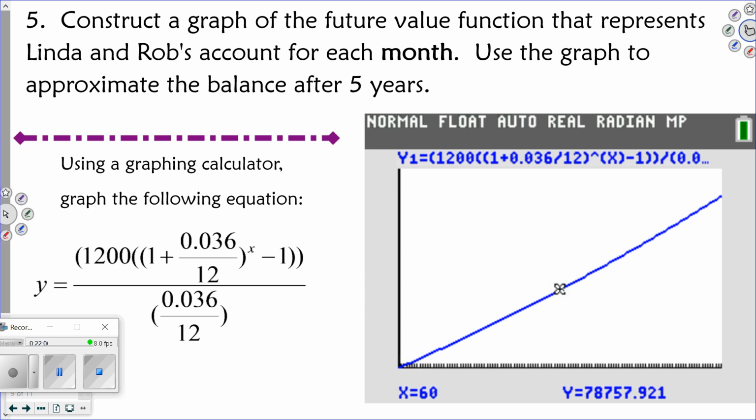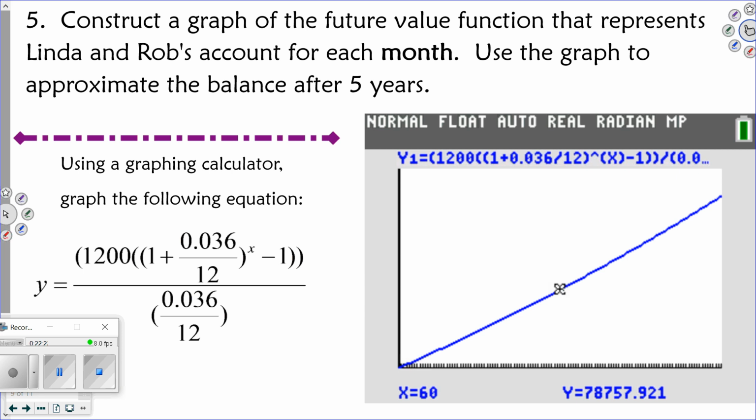But the great thing about a graphing calculator, if you graph the equation, and if you want to see how this works I will be happy to show it to you, is that once you hit trace, I could type in any number of months, and it will tell me how much money I have. I wouldn't have to type this whole equation in and constantly do it.